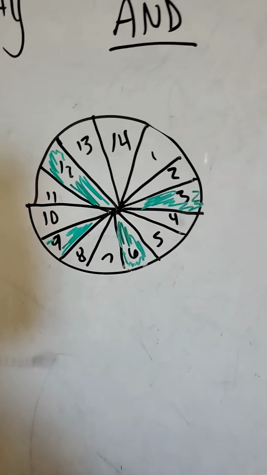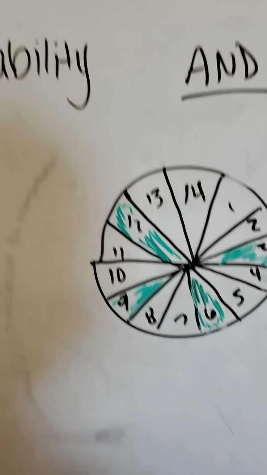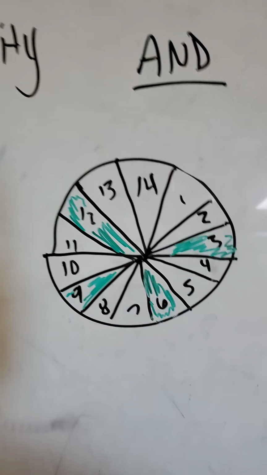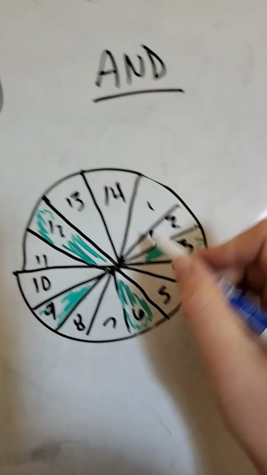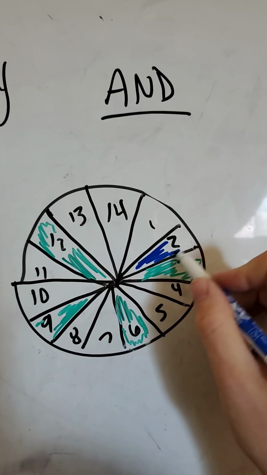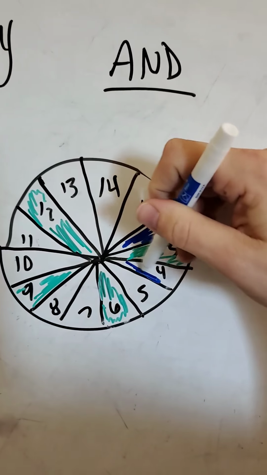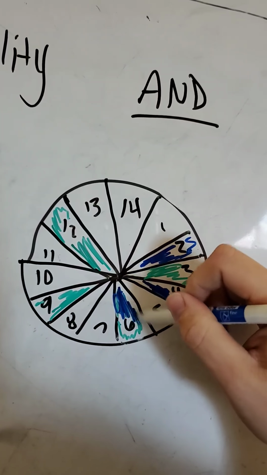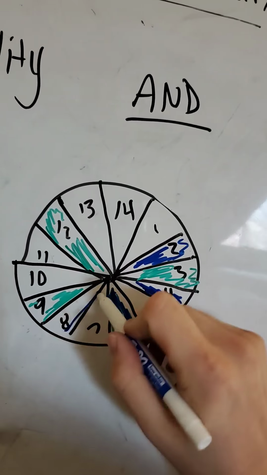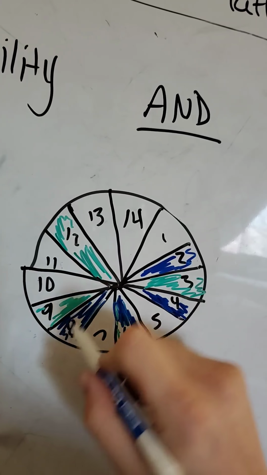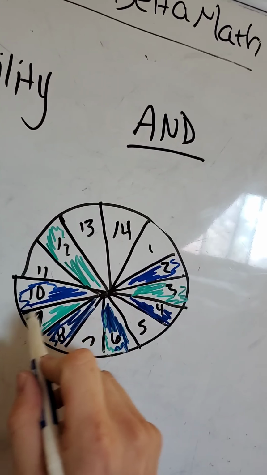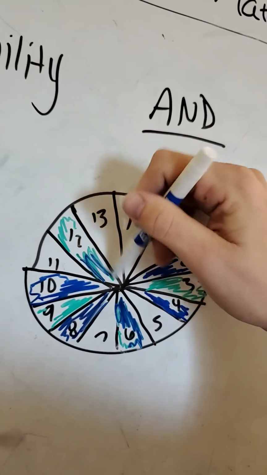That's it. Those things are a multiple of 3. And then it says a multiple of 2. So let's use another marker. I'm using blue. Okay, so this one, and 4, right? 2, 4, 6, 8, 10, 12, and, oh, 14.